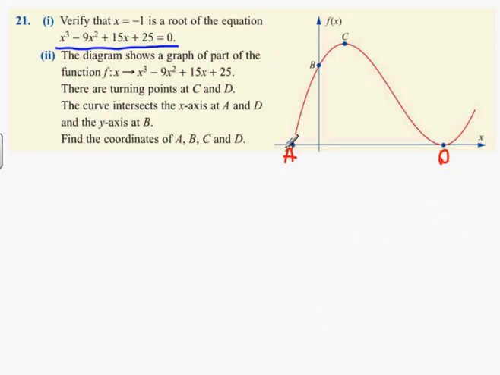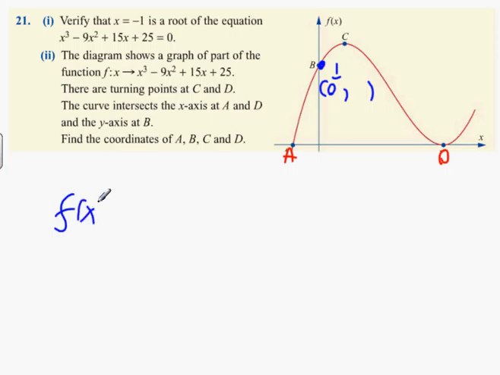Now, the best way to do this, guys, is I'm going to find out what B is first. Can anybody tell me what's the x value of B? The x value is 0.